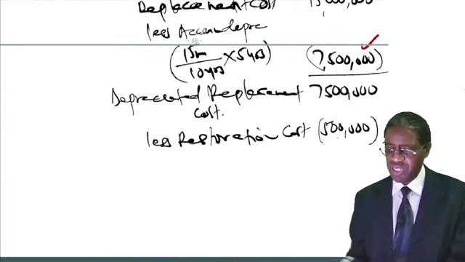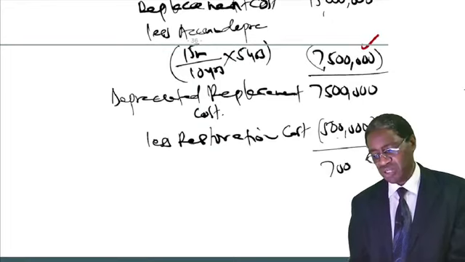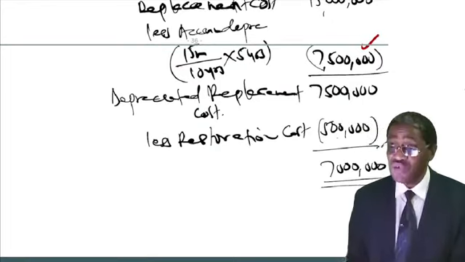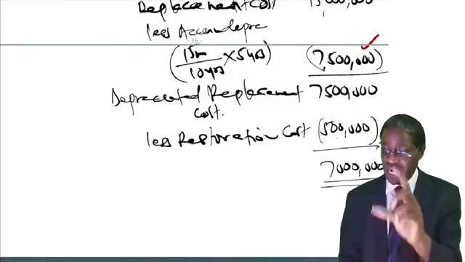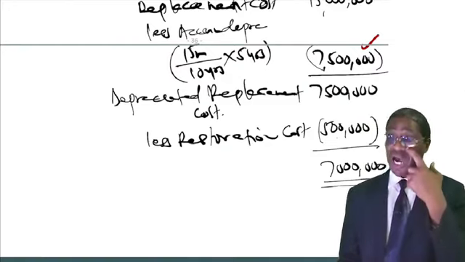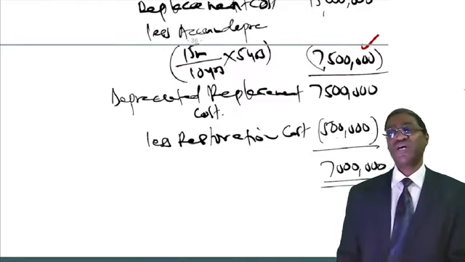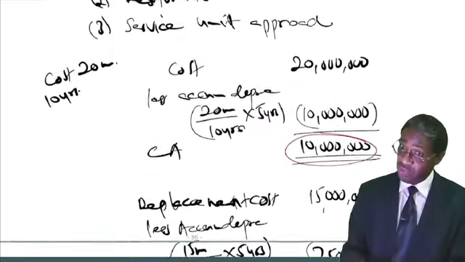That will give me a balance of 7 million. That 7 million becomes the value in use as per the second method, which we are calling the restoration cost method.